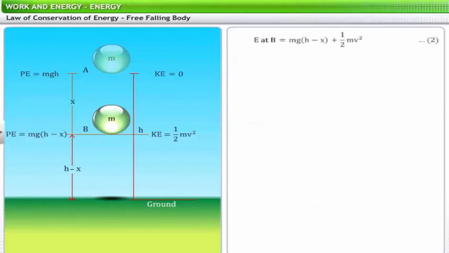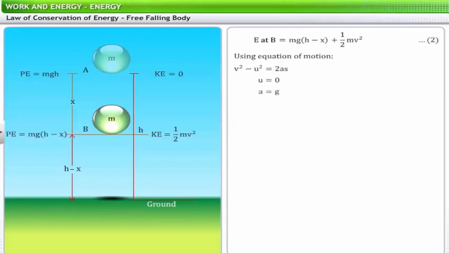To get the final velocity of the body at B, you need to apply the equation of motion related to displacement, initial velocity, final velocity, and acceleration. Here, the initial velocity u is 0.